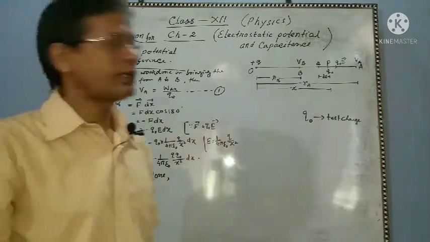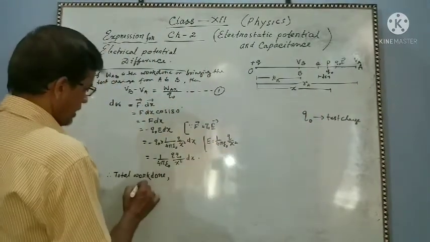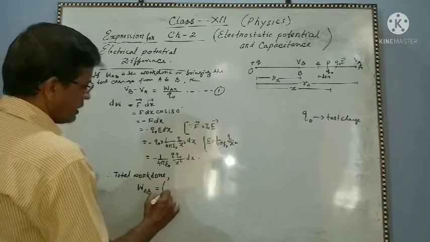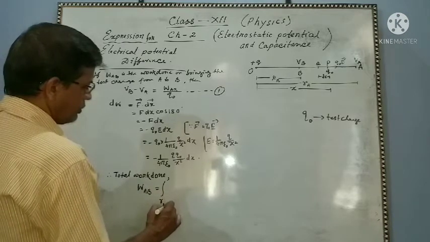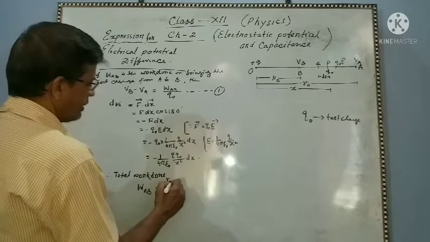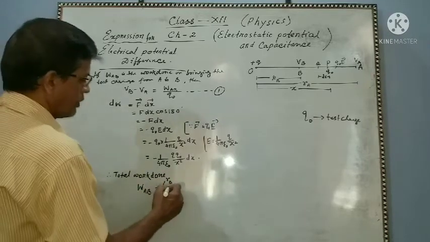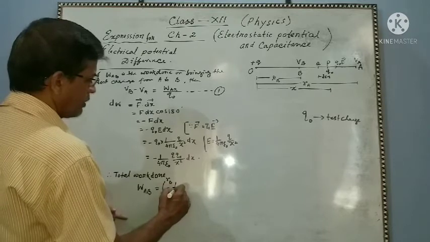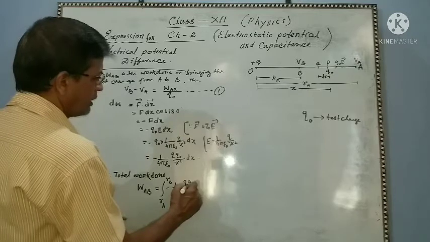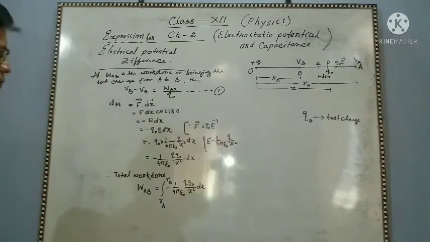In taking the test charge from A to B, WAB equals the integration from RA to RB of minus 1 by 4 pi epsilon naught Q naught by x square dx.